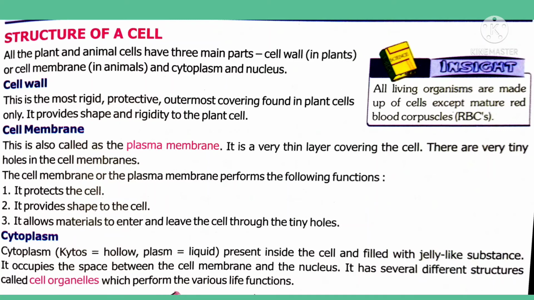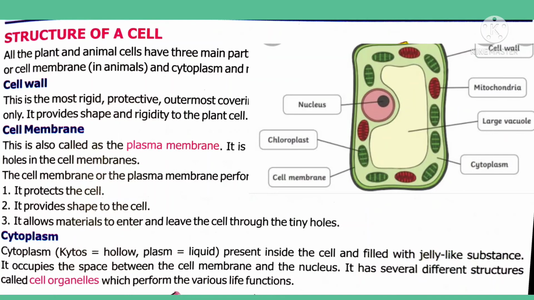Next comes cytoplasm. Next to the cell membrane of the cell, there is a jelly-like substance present. This jelly-like substance includes cytoplasm. Cytoplasm is present inside the cell and it is filled with jelly-like substance. It occupies the space between the cell membrane and the central nucleus.